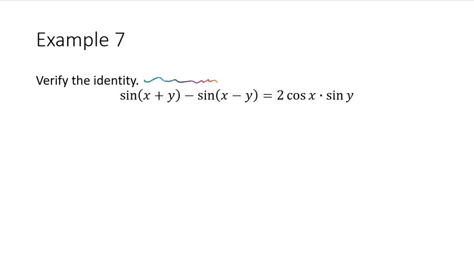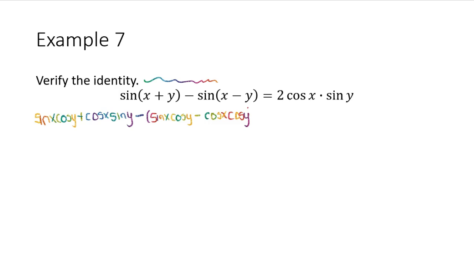The sine of x plus y is going to be the sine of x times the cosine of y plus the cosine of x times the sine of y. Now I'm going to expand the sine of x minus y. That's going to be the sine of x times the cosine of y minus the cosine of x times the sine of y.